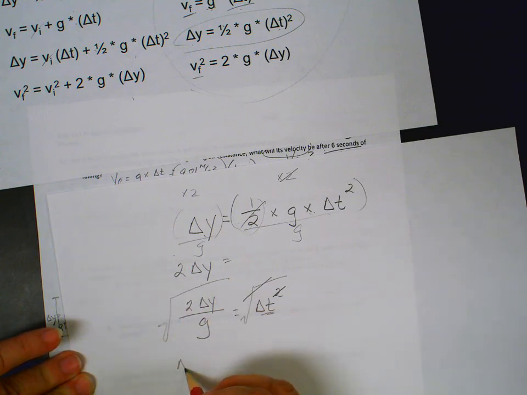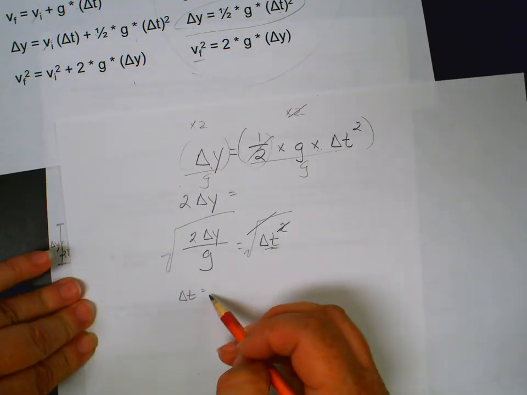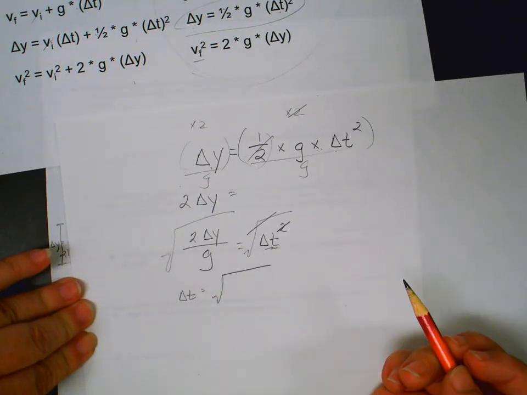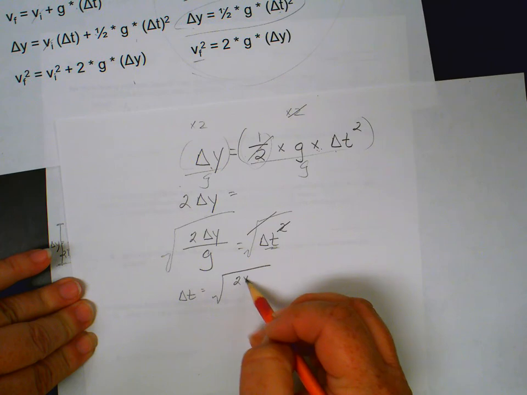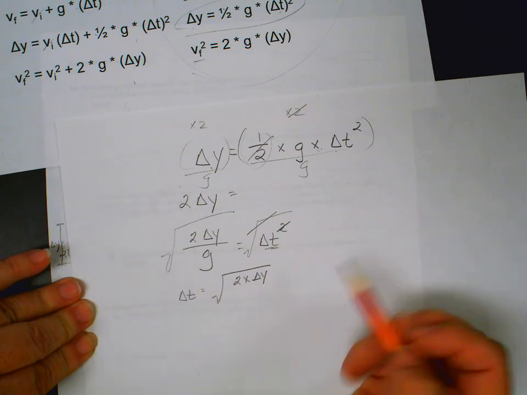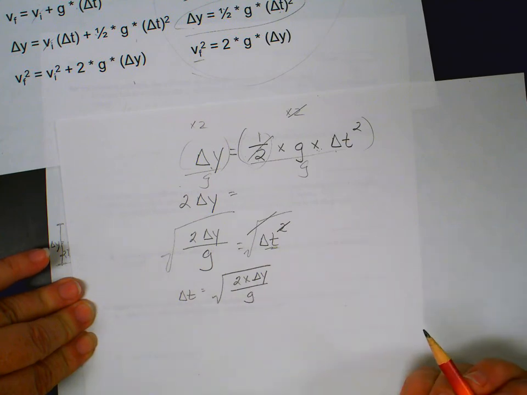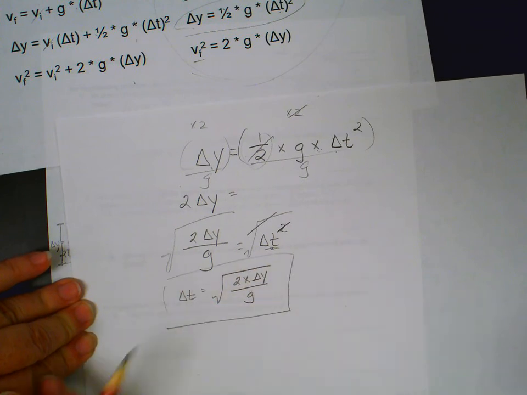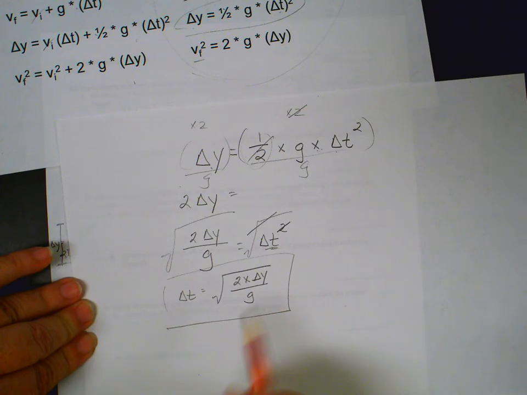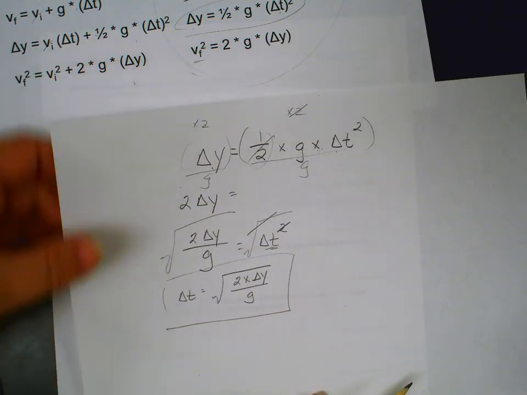So you're going to have the change of time, which we are looking for, equals the square root of 2 times how far it falls, the vertical difference, divided by G. Okay? You will use this equation several times in today's assignment. So I would add it to your list.